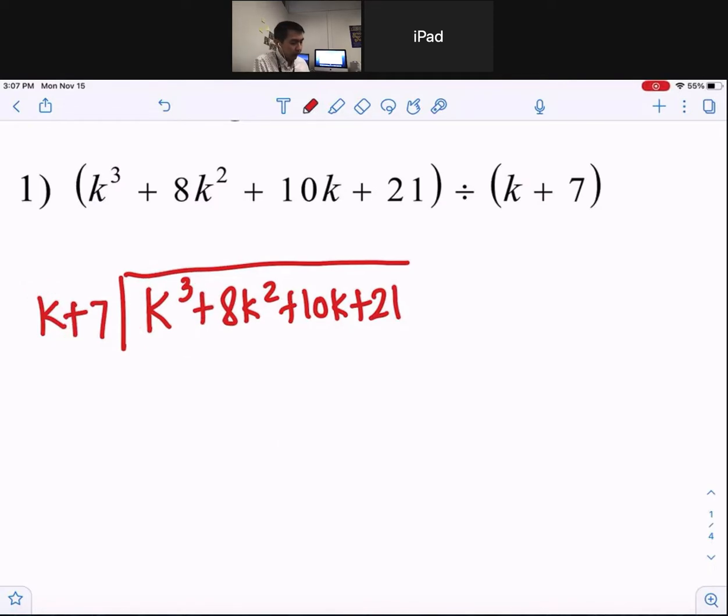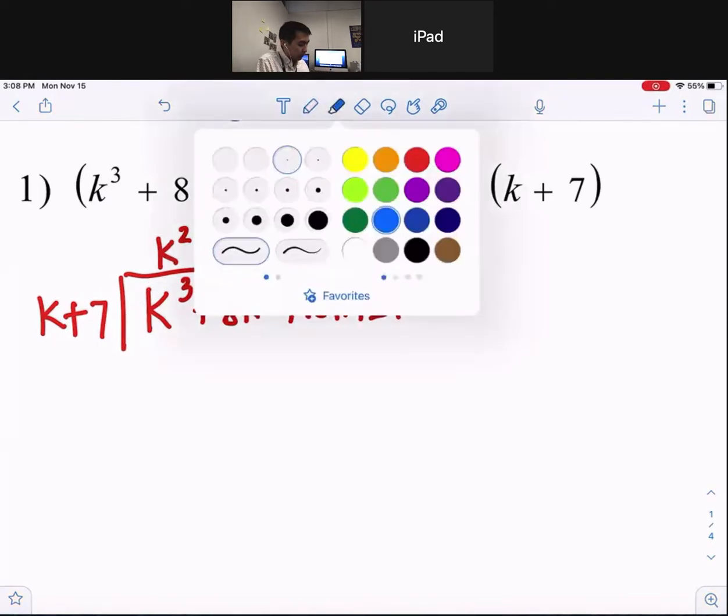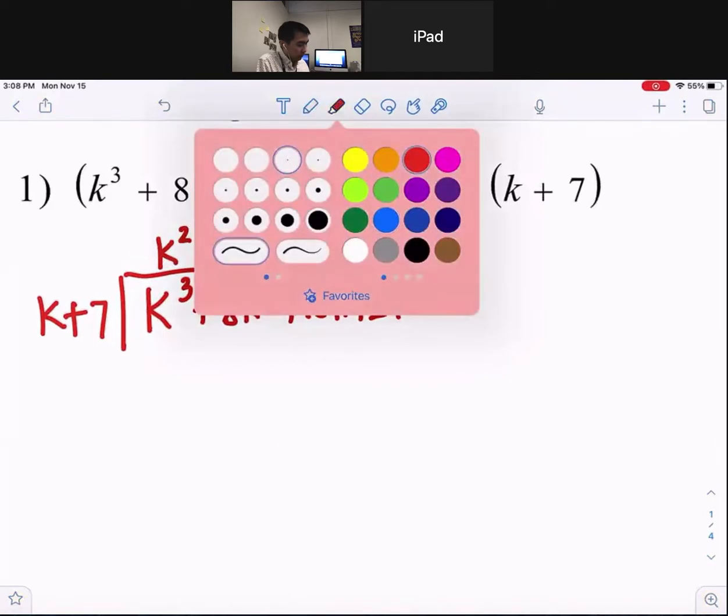So k times k to the second would give you k to the third power. Pretty much it's what times the leading term of the divisor would give you the leading term of the dividend.